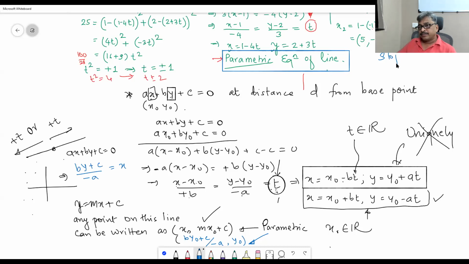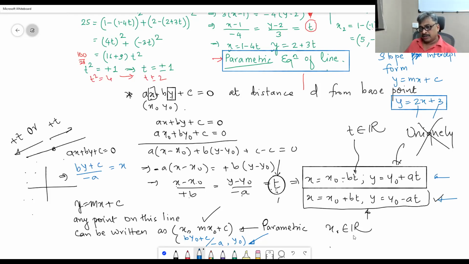Slope point, slope intercept form. The slope intercept form of the equation of a line would definitely look like this always. For a specific line, this is fixed, y is equal to 2x plus 3. For a specific line, this 2 and this 3 are fixed. However, for a parametric equation of a line, you may have more than one representation like this.